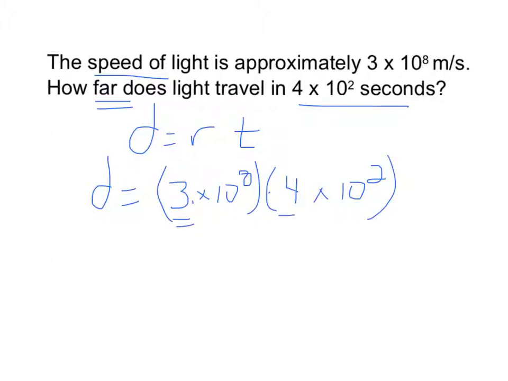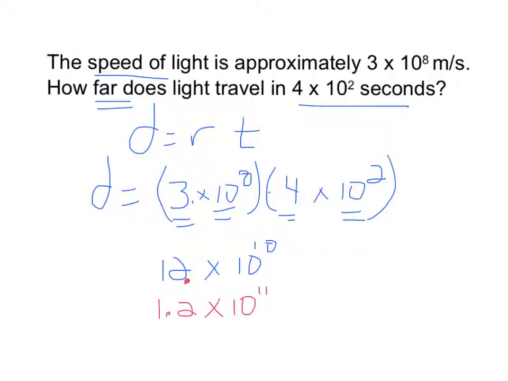Remember, we multiply the numbers, and then we multiply our powers of 10 by adding the exponents, 10. So now I have 12 times 10 to the 10th, but this is not in scientific notation because the decimal is in the wrong spot. It's right there. It needs to be here. So we needed to make our number 1 place value smaller, so we needed to make our exponent 1 bigger.